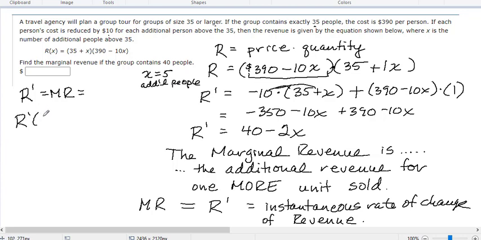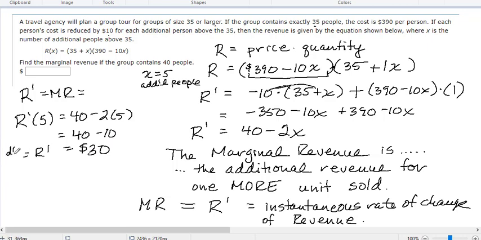So I want revenue prime, marginal revenue when X is 5. Go to the derivative function and plug in 5. Gives me 30. And 30 what? Well, this is a revenue prime, which means it's a dR/dx. So that's $30 of revenue.